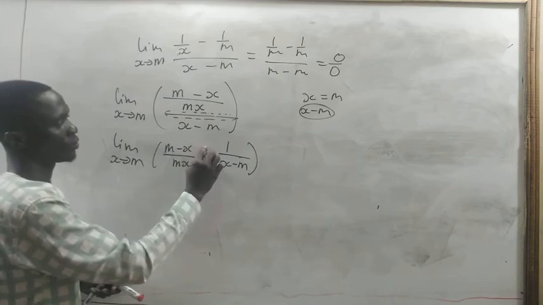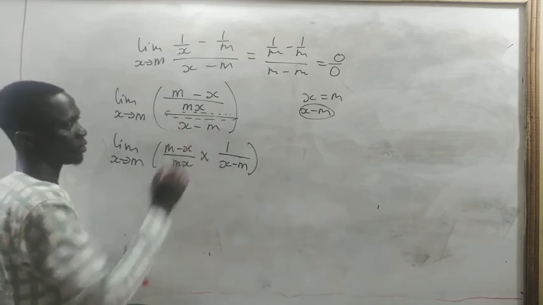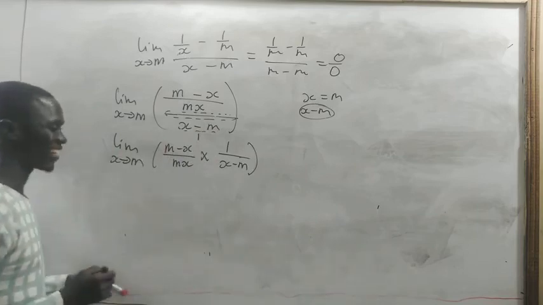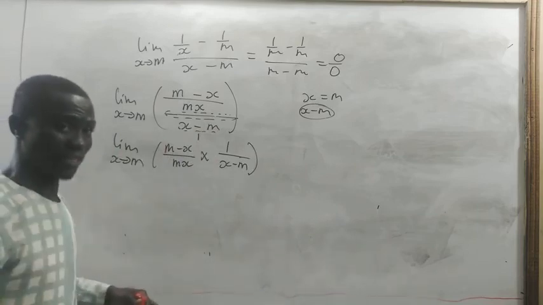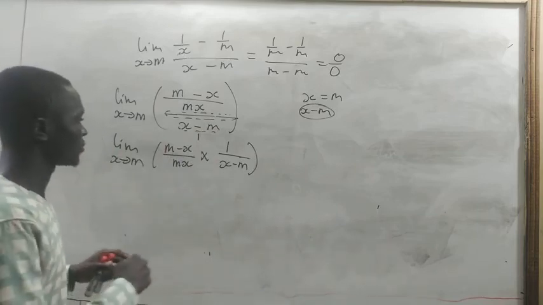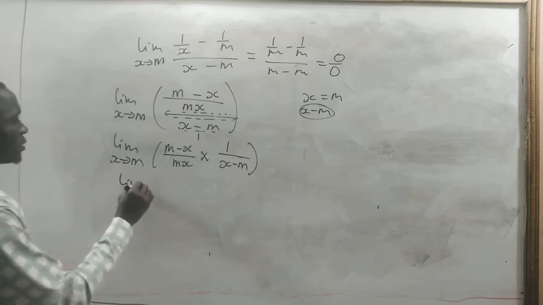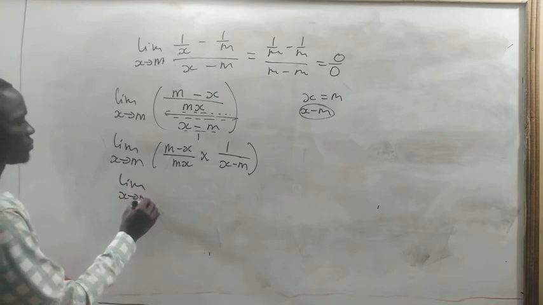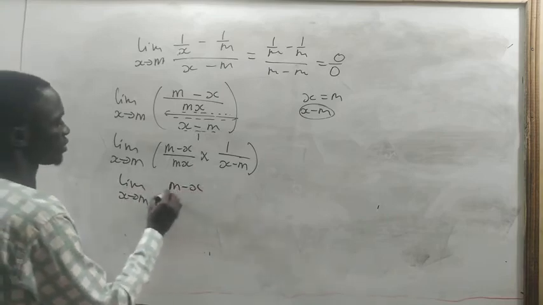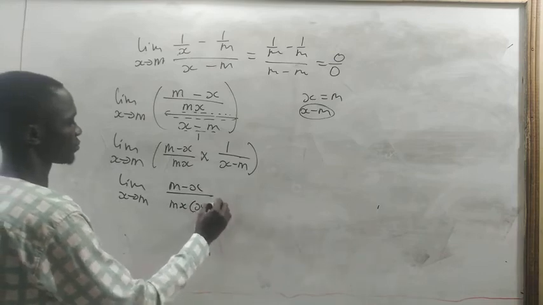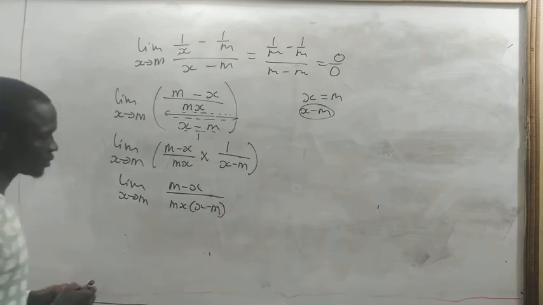This division will turn to multiplication, and this x minus m, which is divided by 1, will turn upside down. I nearly had it wrong, but so this one is going to be the limit as x approaches m of (m minus x) divided by m times (x minus m).